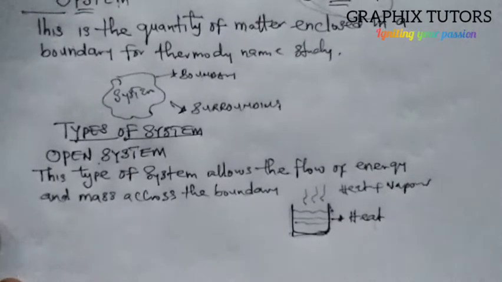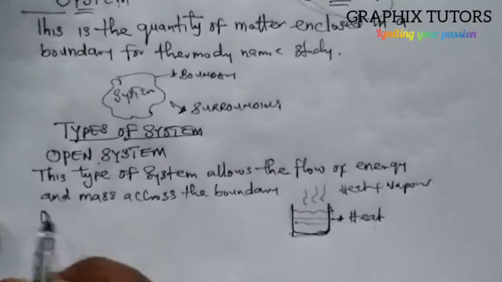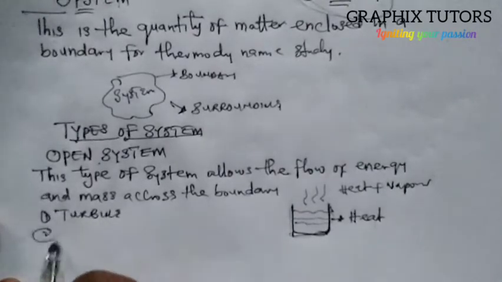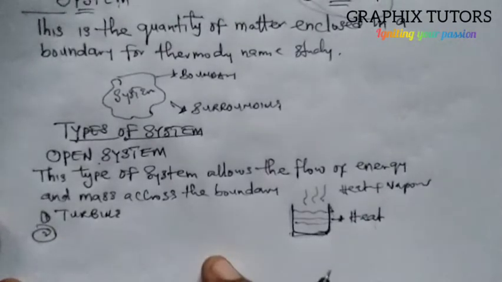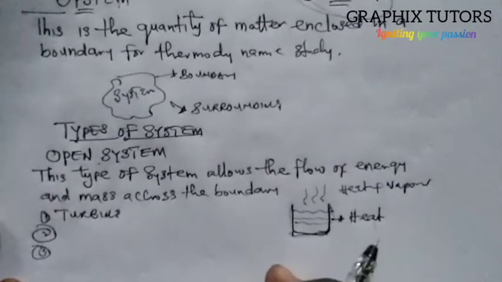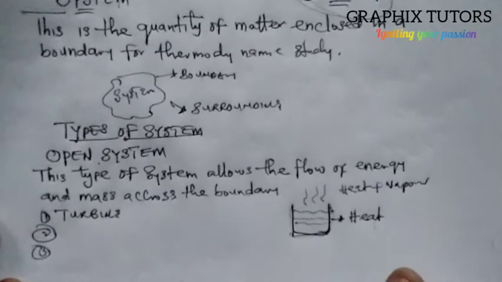Examples of open systems: one is a turbine. Another example is water flowing in a pump, right? And another one again is a piston cylinder combination with an open valve. So these are the three we have.